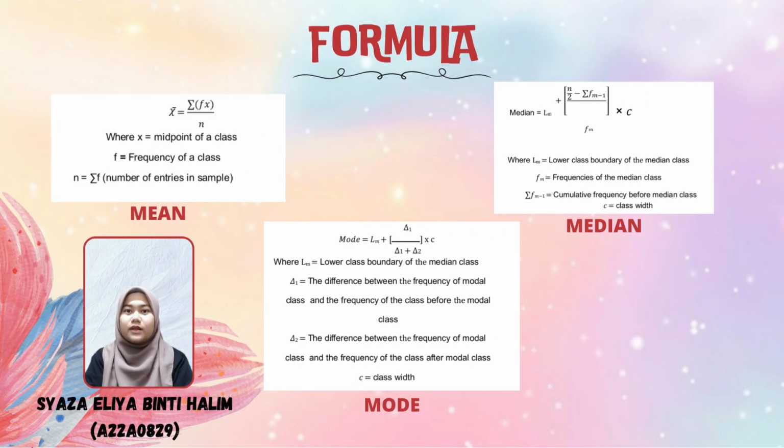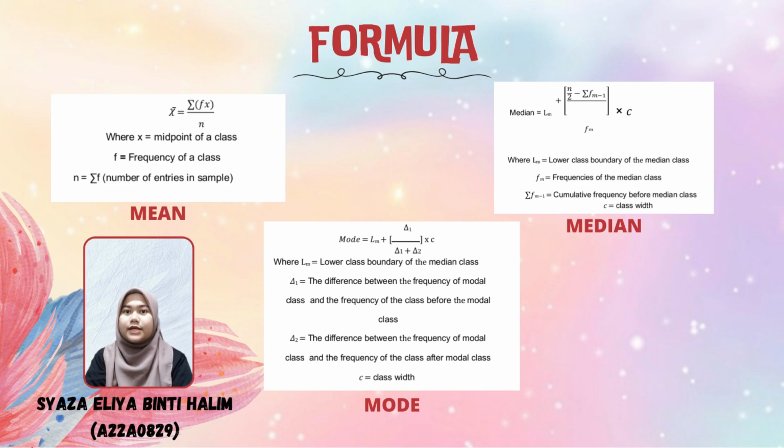So, these are all the formulas that we use, which are the formulas of the simple mean, median, and mode. The first formula is the mean. The formula for the mean is the total of f x divided by n.